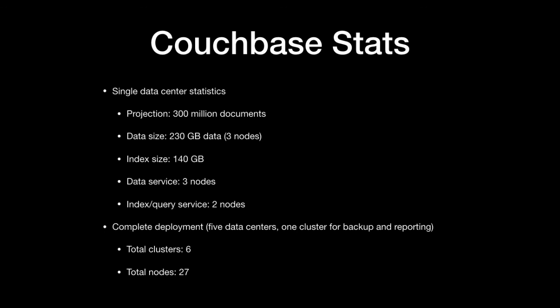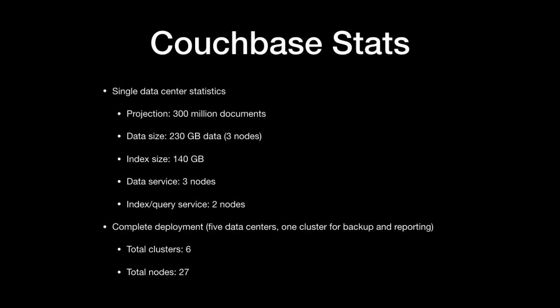So here are some statistics on Couchbase. For a single data center, there were about 300 million documents. That was all the content view documents, the bookmark documents, and activity documents. The data size was about 230 gigabytes, split across 3 nodes.